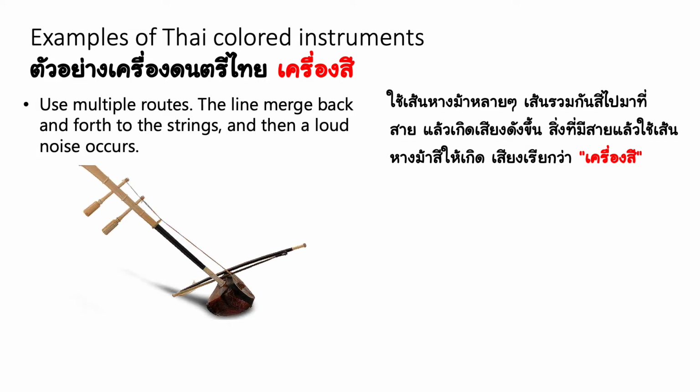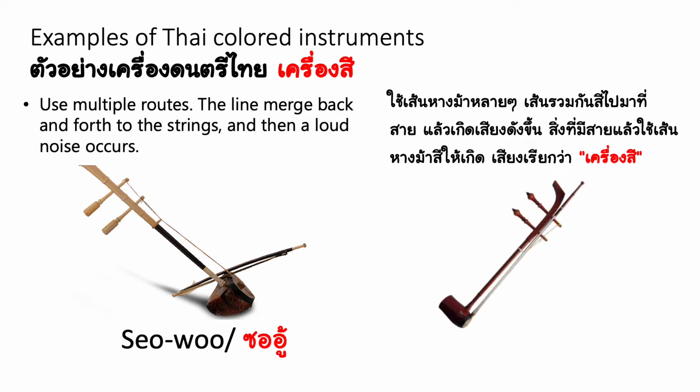So these are the Thai bowed instruments. Okay? The name of this is Saw Duang. This is one of the bowed instruments. And then another one is the treble fiddle. So these are examples of bowed instruments.